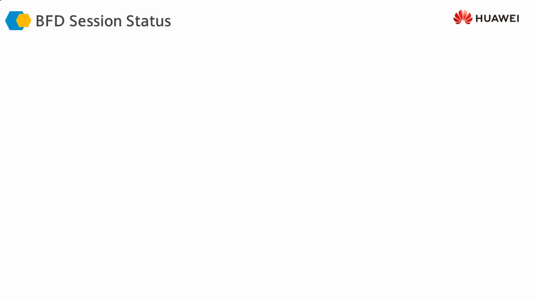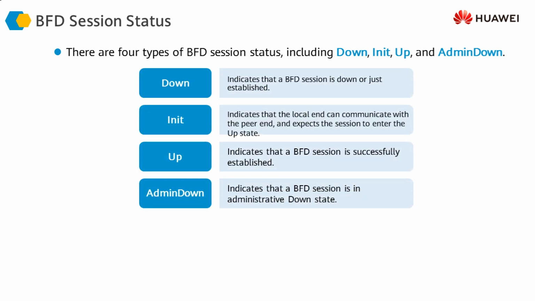When these messages are being exchanged, the devices go through different states before the session is established. Initially they are in the down state. Once they start exchanging messages, they are in the init state, and finally when they have established a session, they reach the up state.